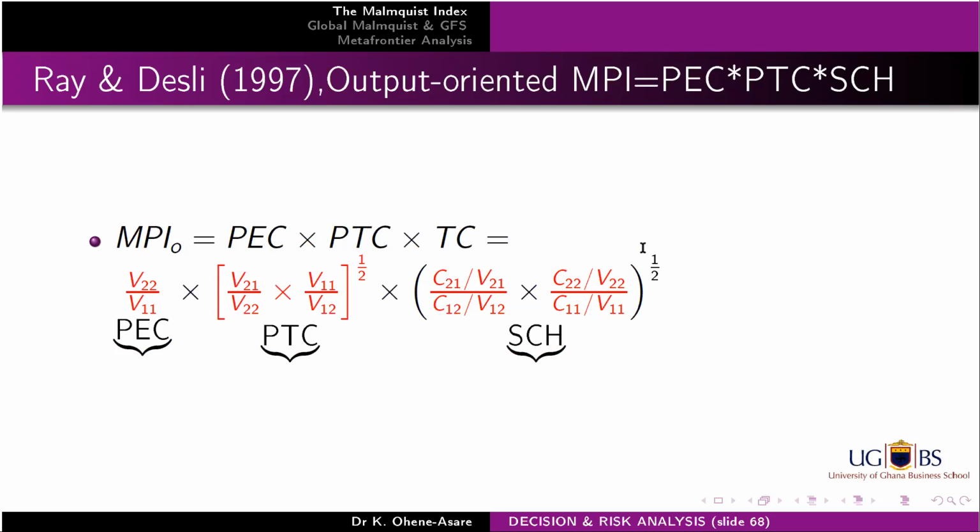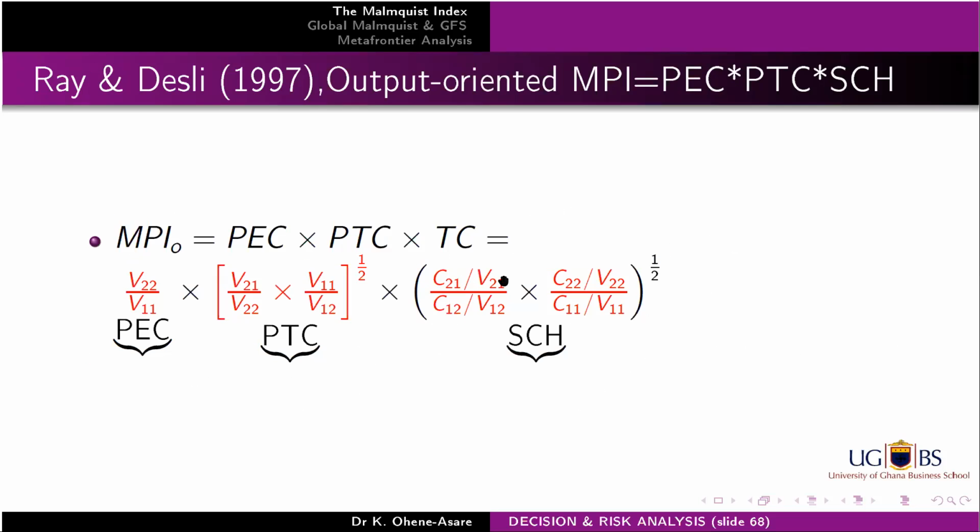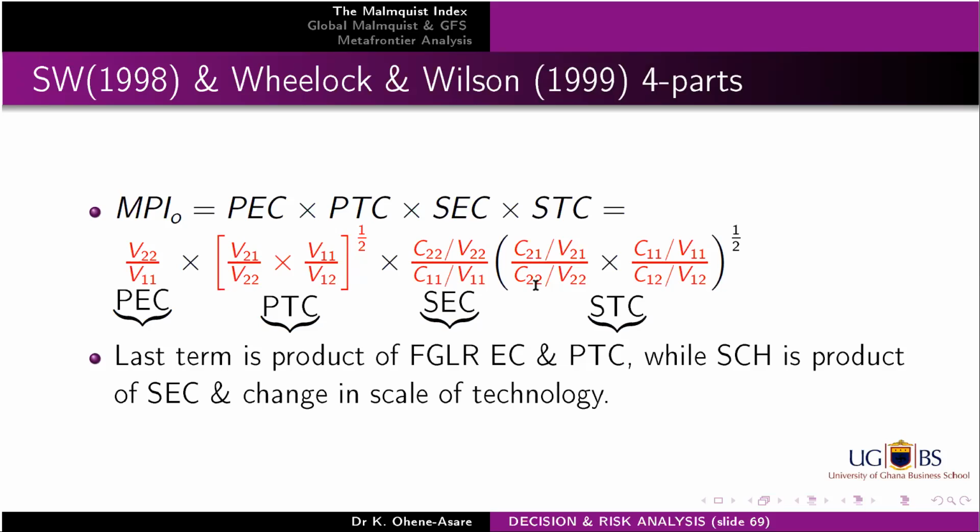If you look at it, it is C21 over V21. That's the same thing here. C21 over V21. But the denominator, you have C12 over V12. And here you have C22 over V22. But then the C12 over V12 is rather on this side.